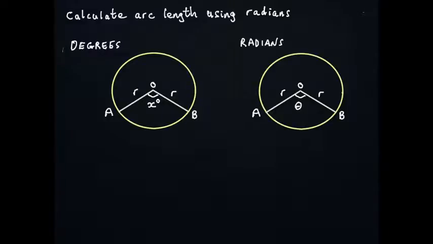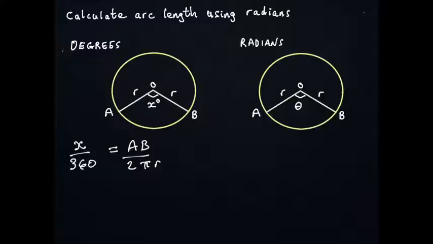This observation gives us the following pair of equivalent fractions. X over 360 equals the arc length AB over the total circumference 2 pi r.